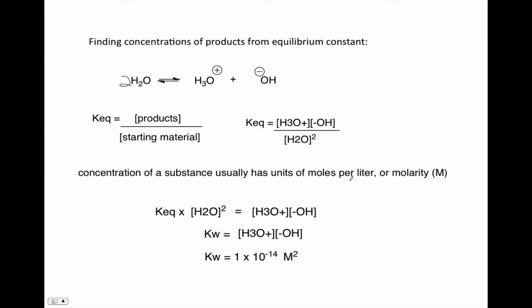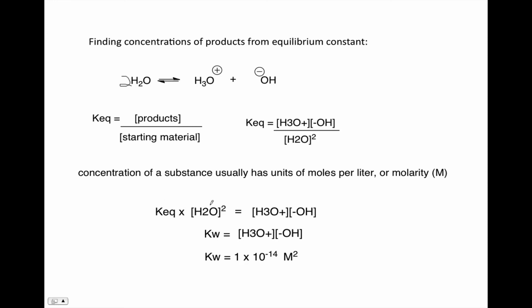All right, the concentration of a substance is usually in units of moles per liter, as we talked about. Because we use moles per liter so often to describe solutions, it has its own term, called molarity, and it's represented by a capital M. So in this case, we could rearrange this equation to be the equilibrium constant times the concentration of water squared, and that would be equal to the concentration of the two ions multiplied by each other.